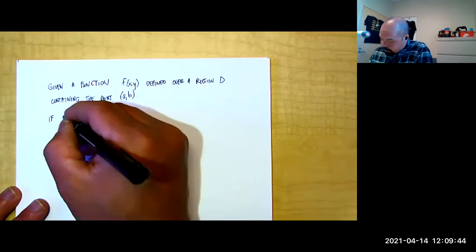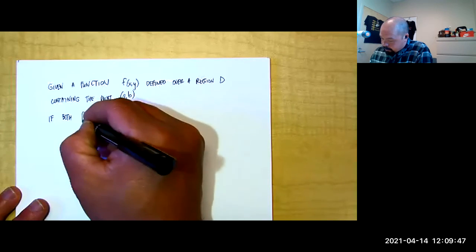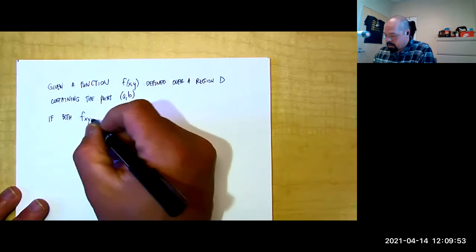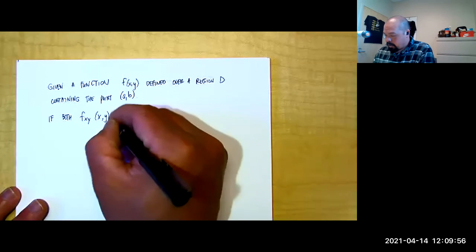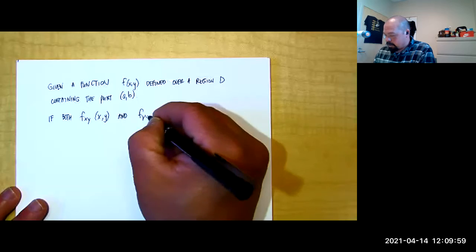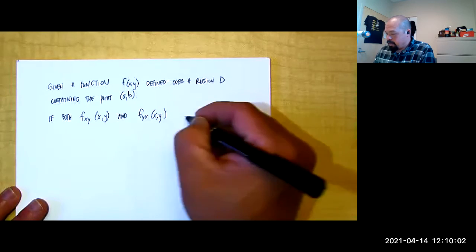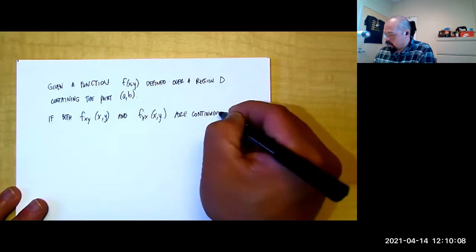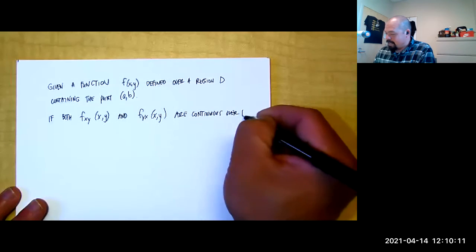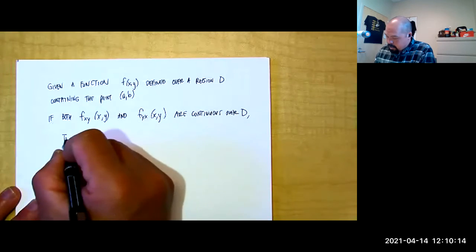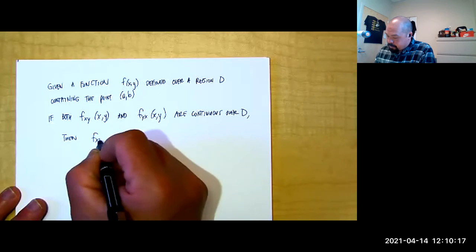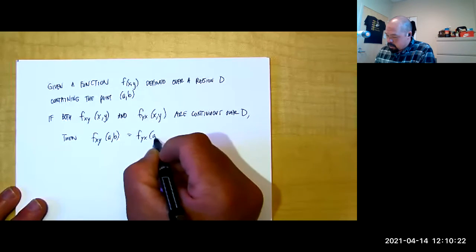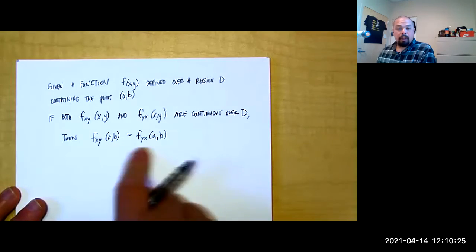Now, if both the partial f x y and the partial f y x, right, those mixed partials, if those are both continuous over that region, that disk D, then when we look at the results of computing those partials at that particular point, they're going to be equal.